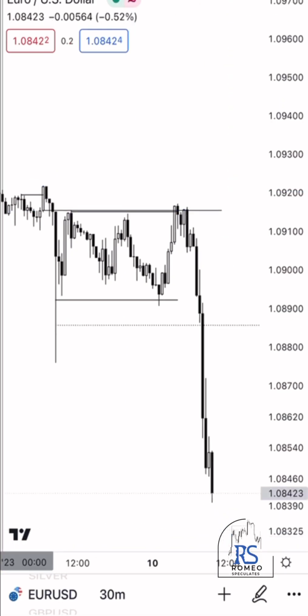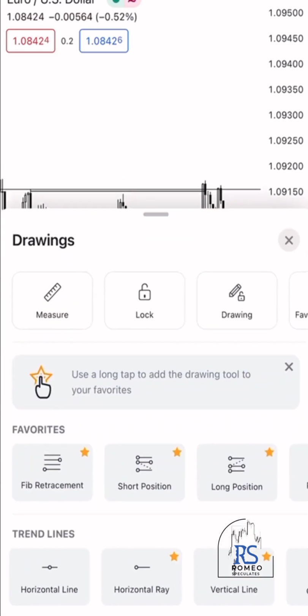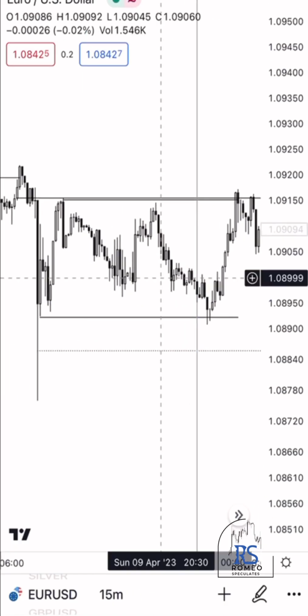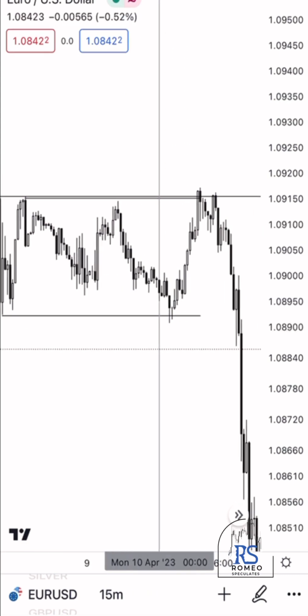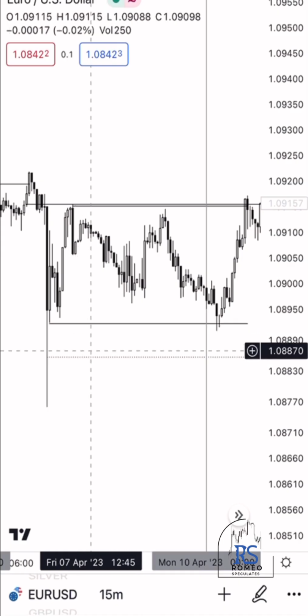Right? 15. So midnight open. We had accumulation over here, generating interest on both sides of the range. Accumulation, quick stop hunt. So we didn't purge these lows, right? We left behind this liquidity pool right here.